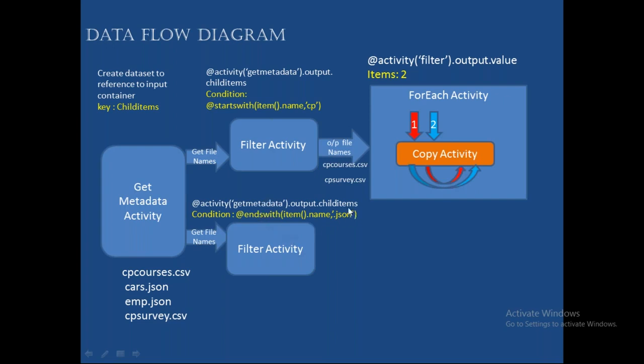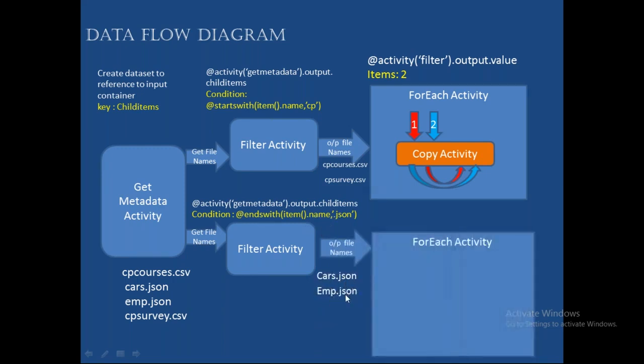If the file name ends with .json, I am separating the .json files. All such files I need to filter. See how many files we have with JSON: course.json and emp.json. These 2 files I will pass to the for each activity. See, at the rate activity of filter dot output dot value, filter output.